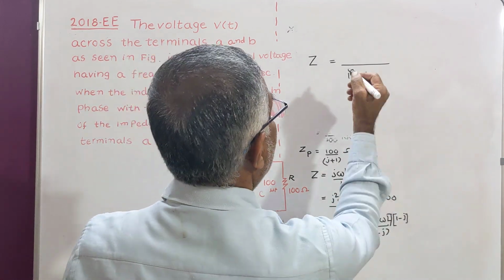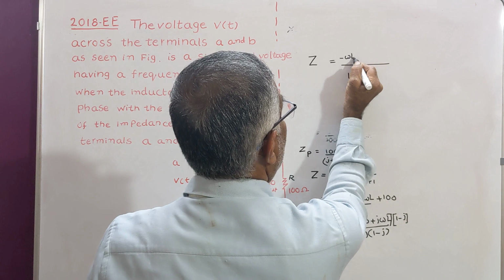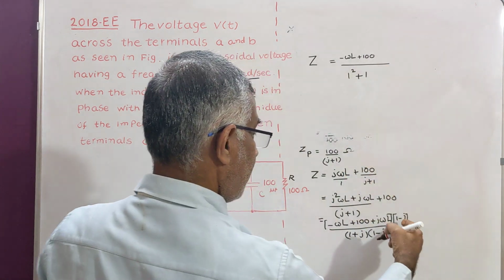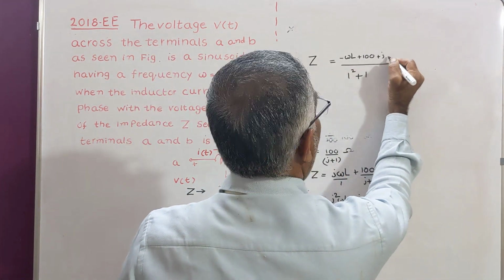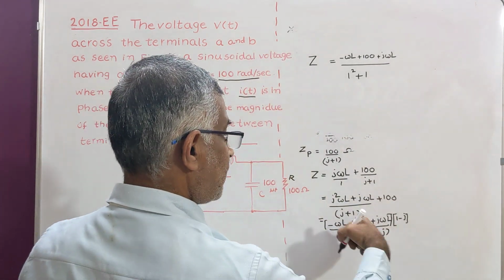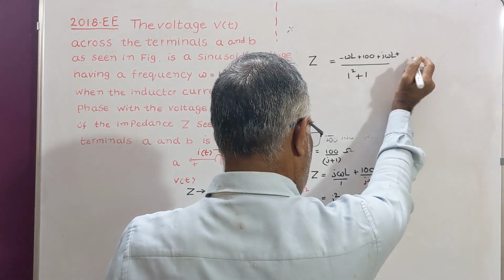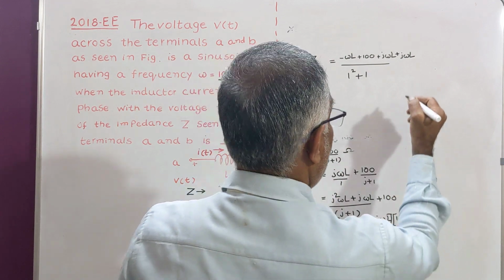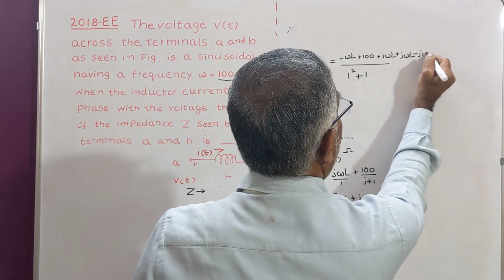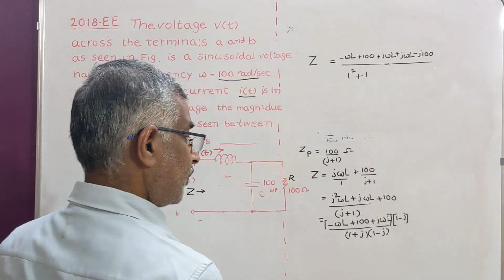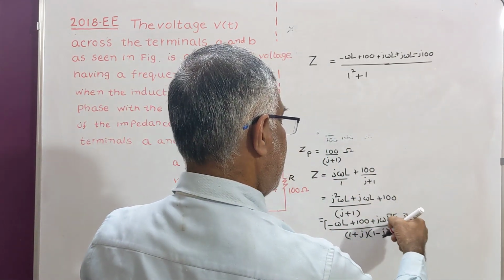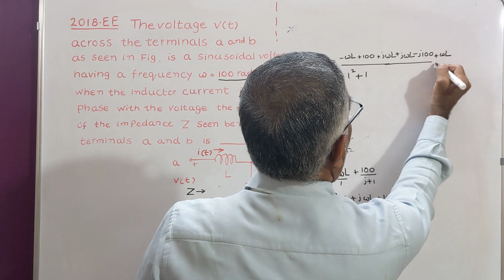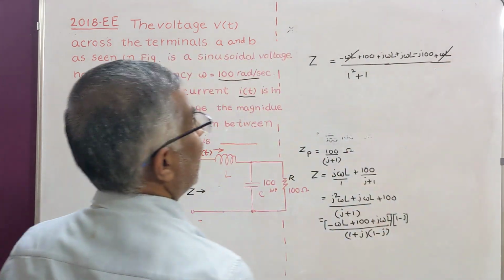Now multiplying minus omega L plus 100 plus j omega L by 1 minus j: minus omega L plus 100 plus j omega L, next minus into minus plus j omega L minus j 100, and next minus j squared is minus 1 plus omega L, so omega L cancels.